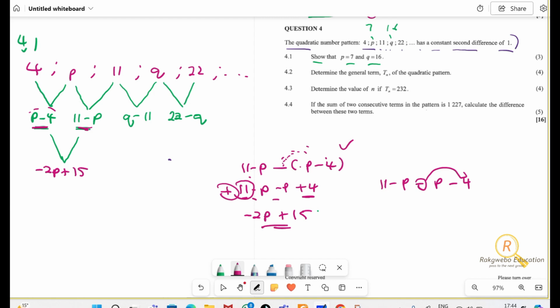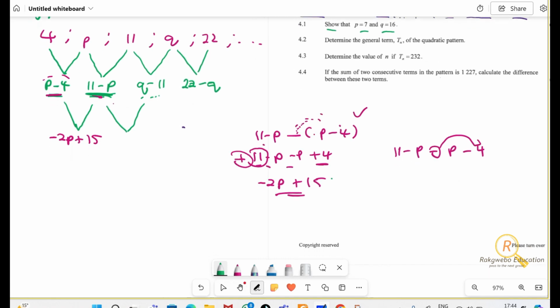Chilled. So we do the same thing here. We go the next number minus the previous number. So we're going to go Q minus 11 minus 11 minus P, right? Let's do it on the side just so we have neat work going on. So we go Q minus 11 minus this whole thing, 11 minus P. Remember, the minus affects both the 11 and the minus P. So let's work this out.